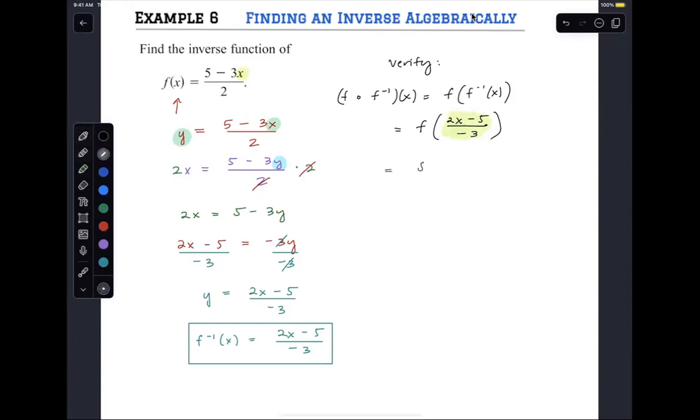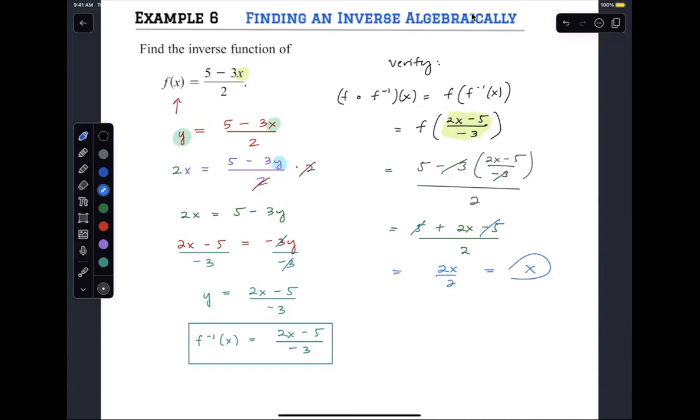So that's going to equal 5 minus 3 times 2x minus 5 over negative 3, and then all that's over 2. I have a negative 3 times something with negative 3 on the bottom, so these negative 3s are going to become just 1. So they cancel. So I'm just going to get 5 plus 2x minus 5 all over 2. On top, the 5s cancel. So you just get 2x over 2, which is x.